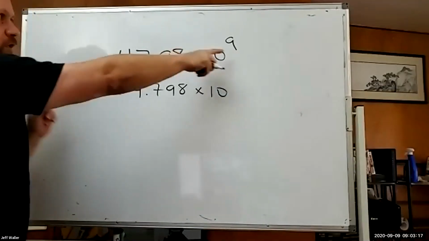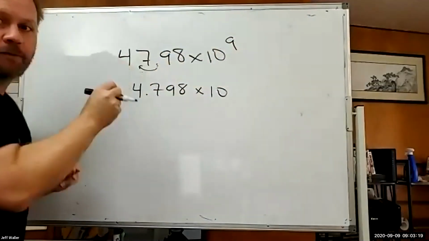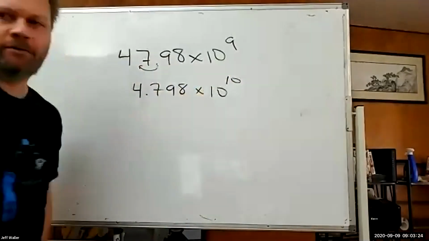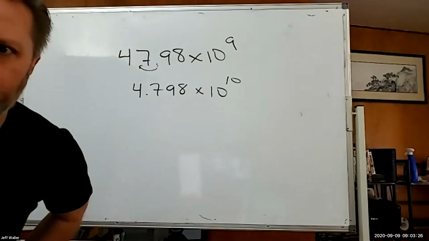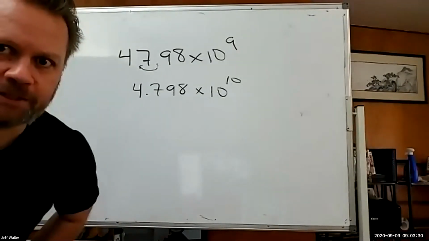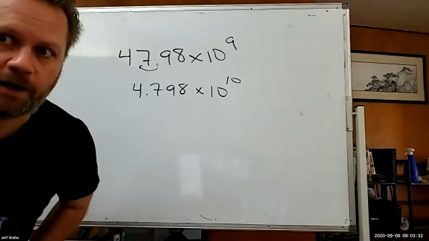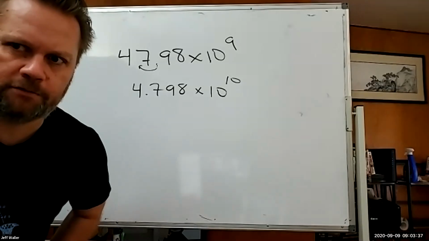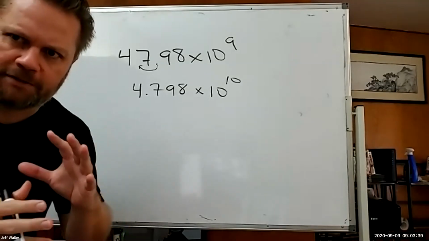Yes, because he wants to move the decimal that way 9 places, so now I have to move it 10 places. How are we doing out there? This is going to happen in several different places, in several different ways, where the problem you're working with is not really in scientific notation. So we have to know how to adjust it.